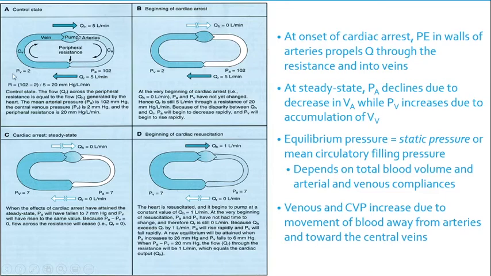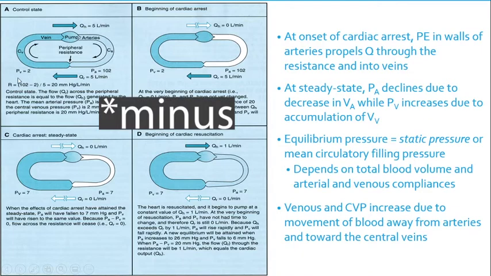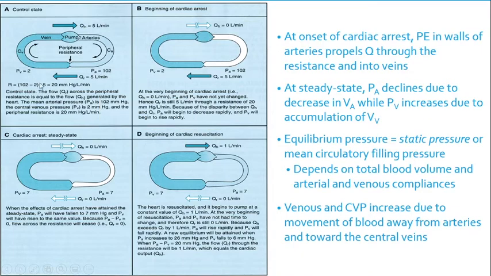If we want to calculate resistance, we take the difference in pressure, pressure 1 minus pressure 2, divided by flow, and that gives us a resistance of 20 mmHg. So basically 5 liters of blood per minute are being pushed through a resistance of 20 mmHg, and then we have all of the pressures here in this control state.